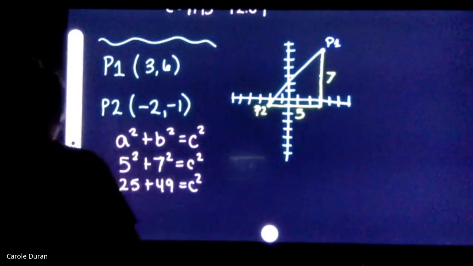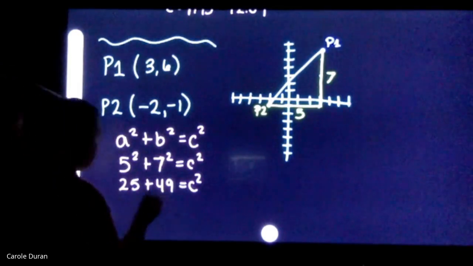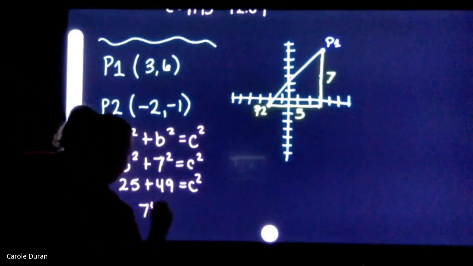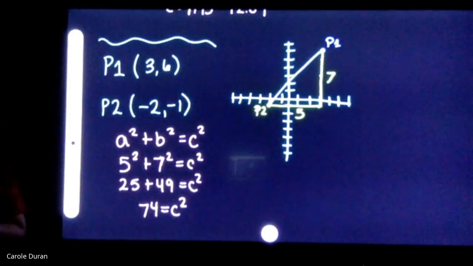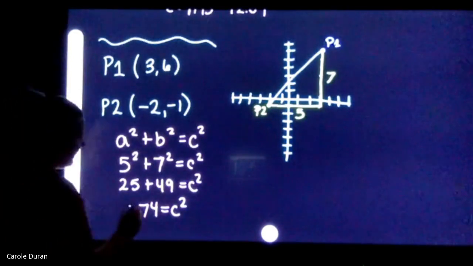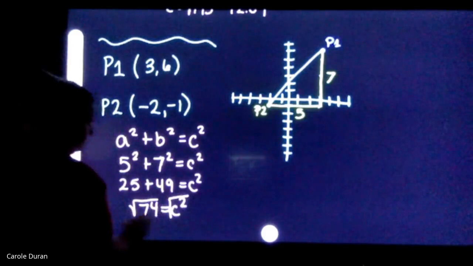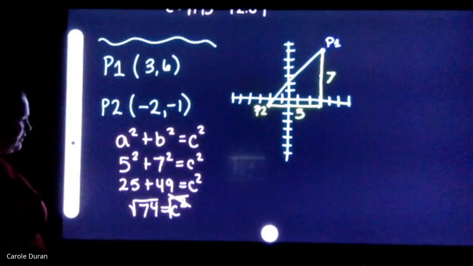I go ahead and I add 25 and 49 together. When I do that, I get 74 equals c squared. And then I take the square root of both sides. Square root and a square cancel each other out.